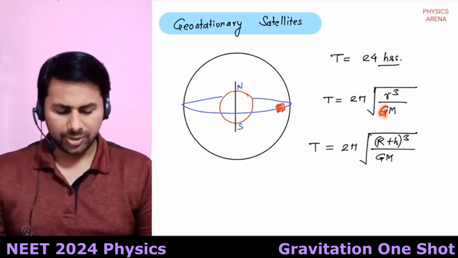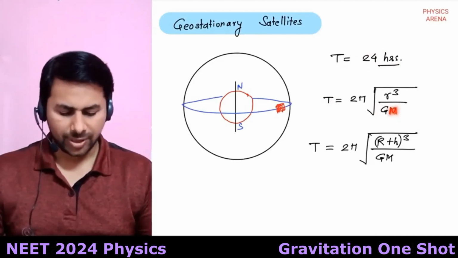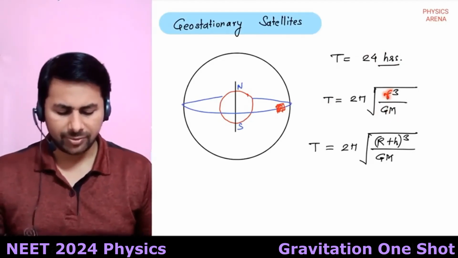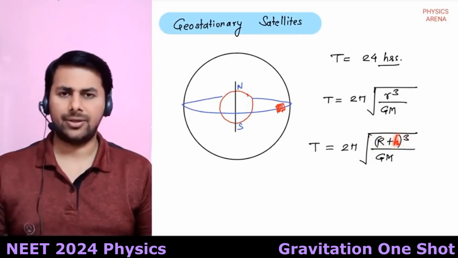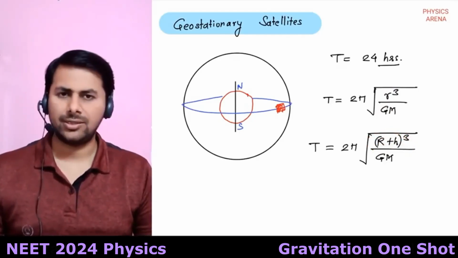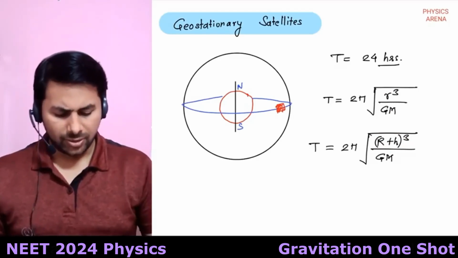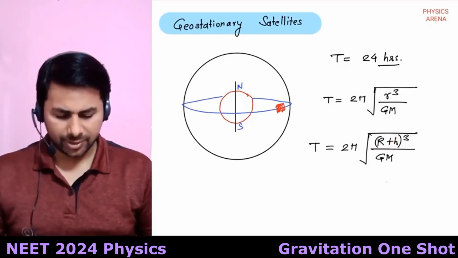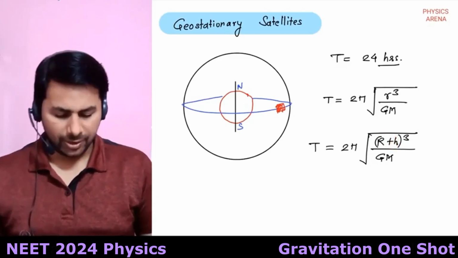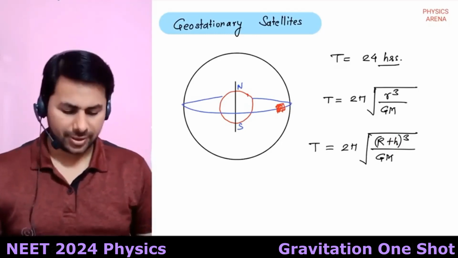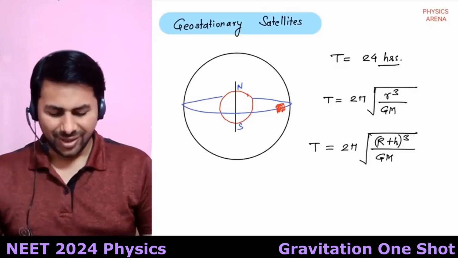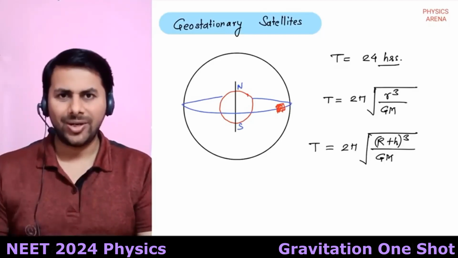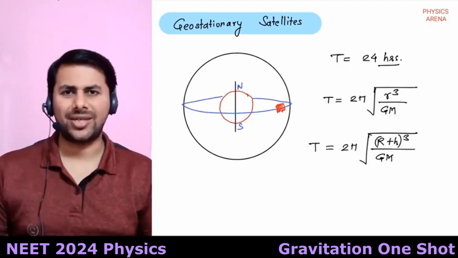You can put G, you can put the mass of Earth, and the small r is equal to capital R plus H. We can find out the height of the geostationary satellite. I don't remember the height, but we can find it and I will write it down here. So the moral is the height of a geostationary satellite is fixed.